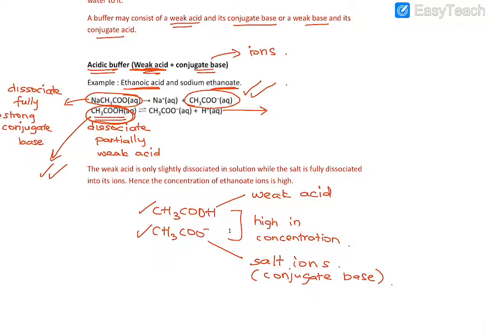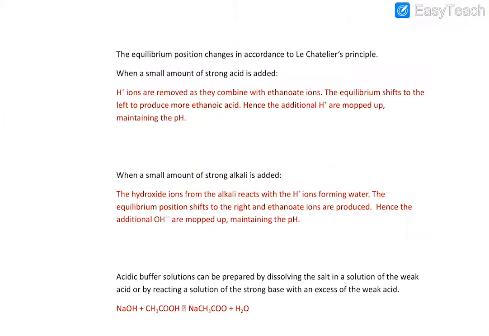Now let's see what happens when we add a small amount of H plus to this. The equilibrium position is going to be disturbed when we add H plus or OH minus, so we'll have to use Le Chatelier's principle to explain this. When you add H plus ions, the H plus is going to react with the ethanoate ions and the weak acid is produced.